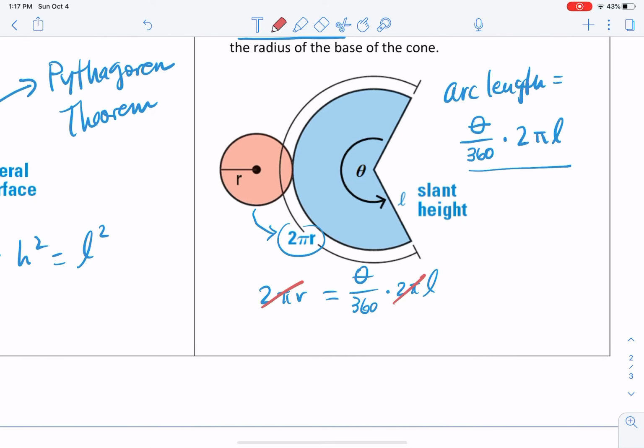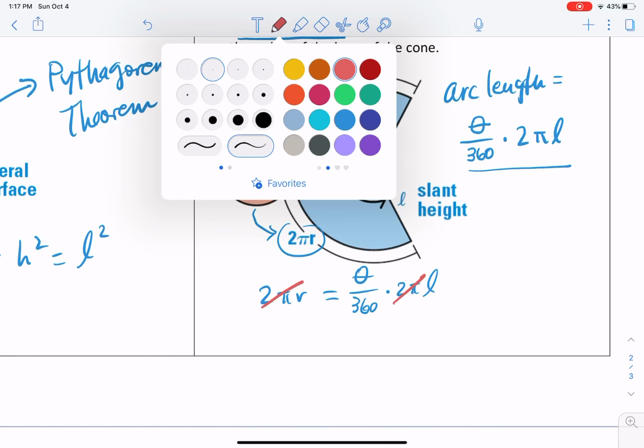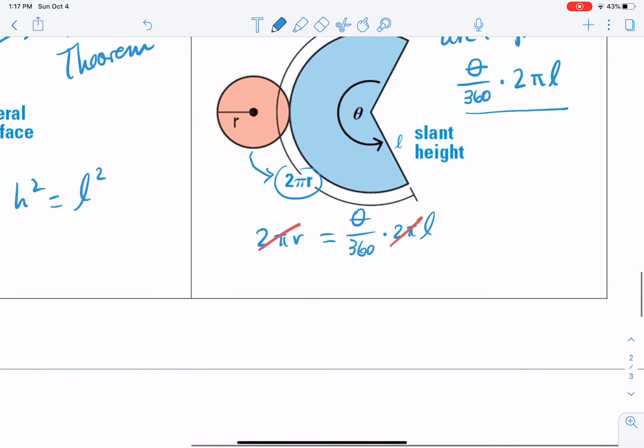Divide 2 pi on both sides. And now I have a more compact and handy formula that relates R to L. R is equal to theta over 360 times L. That's it. It's done.